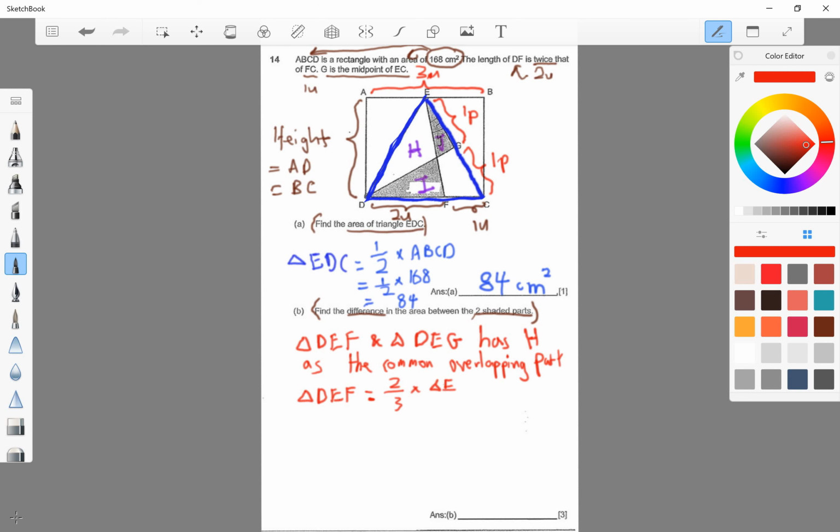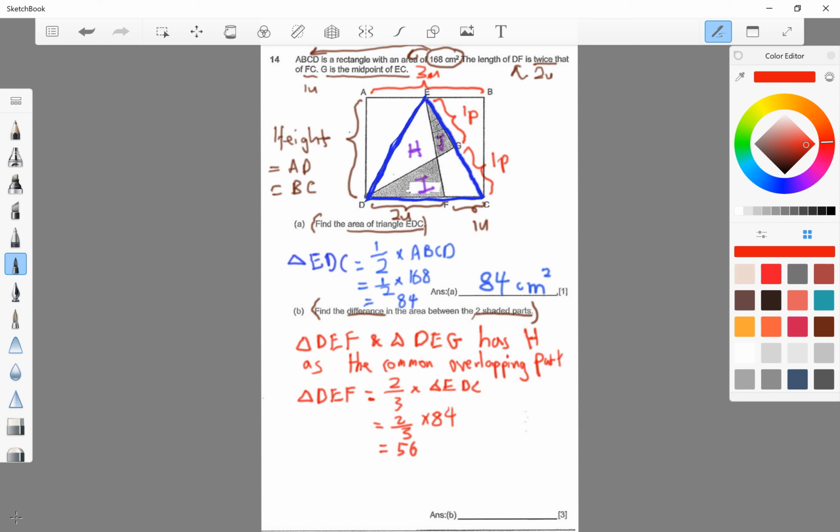Let's call it EDC as it was named in part A of the question. So it will be 2/3 of 84, which will lead us to the answer. So 2/3 of 84 has got to be 56.